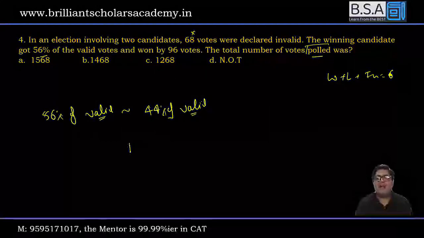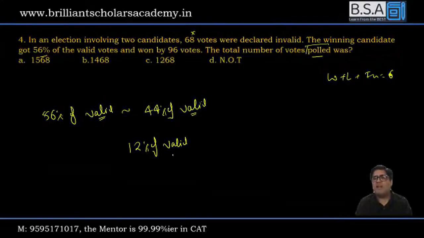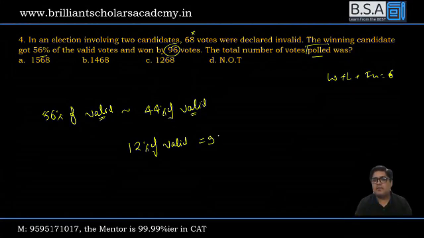So the gap is 12%. 12% of valid votes is how much? Is 96. So if I cancel 1 times, I will cancel 8 times. 12 ka 8 times the 96. Yes. Let me check the calculation one more time.